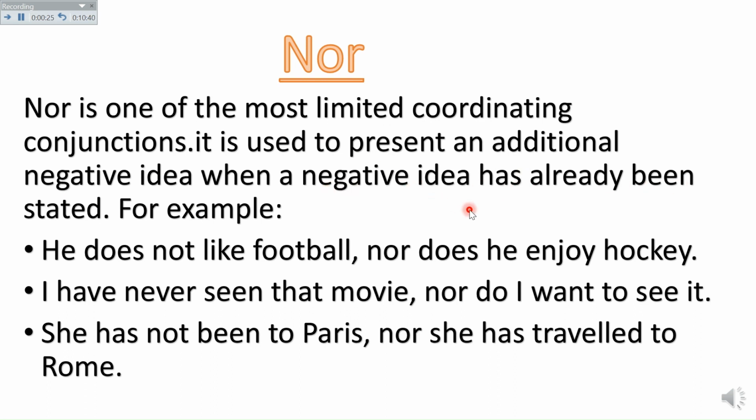When a negative statement is given and we want to add further negative information, we use "nor." Like, he does not like football, nor does he enjoy hockey. This means he doesn't enjoy both. So "nor" is basically used to join independent clauses only. That's what you need to remember here.